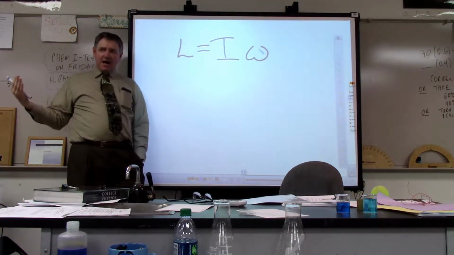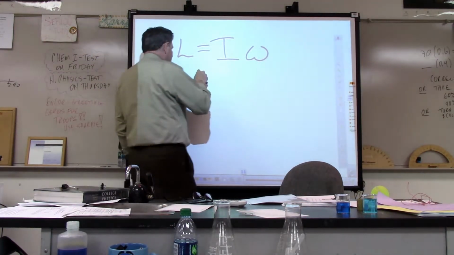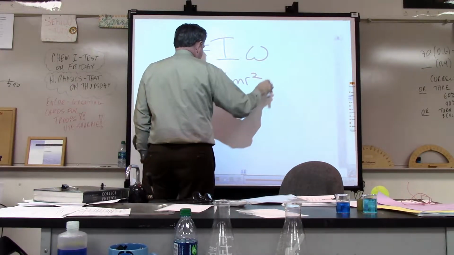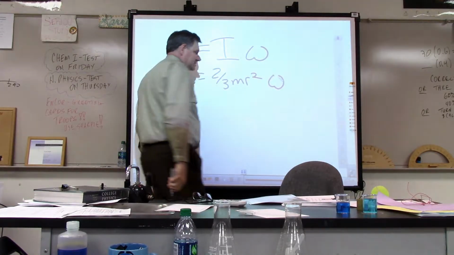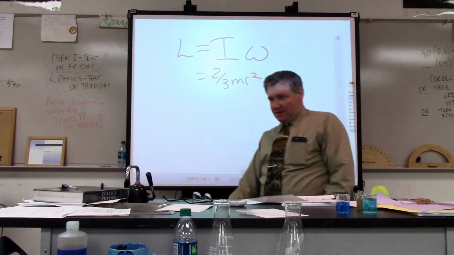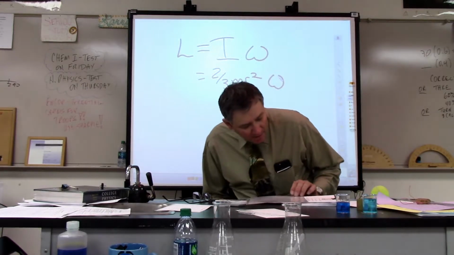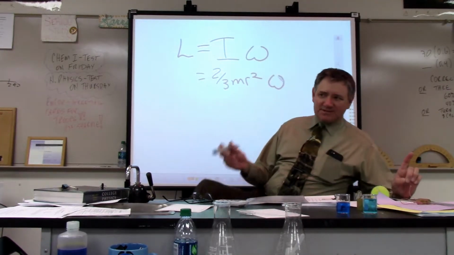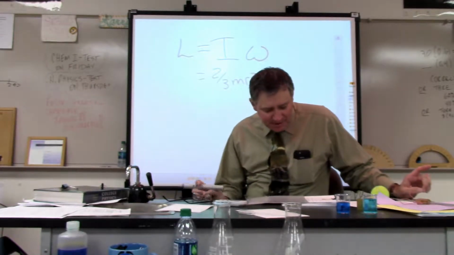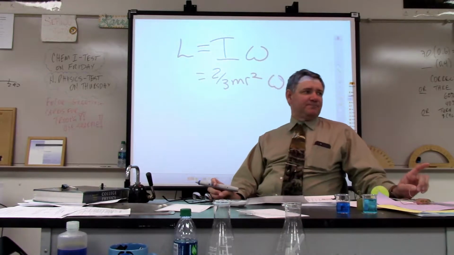So you've got the moment of inertia, 2/3 mr squared. But the omega is in revolutions per minute, so you're going to have to change into radians per second. So if all goes well, your answer to number 16 should be a very small number, like something times 10 to the -5th.